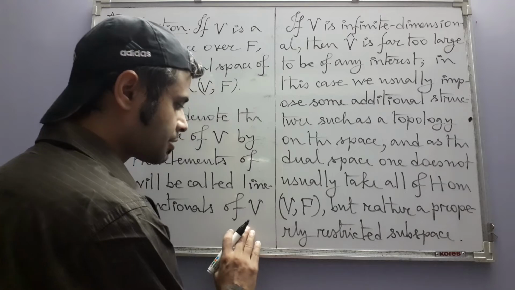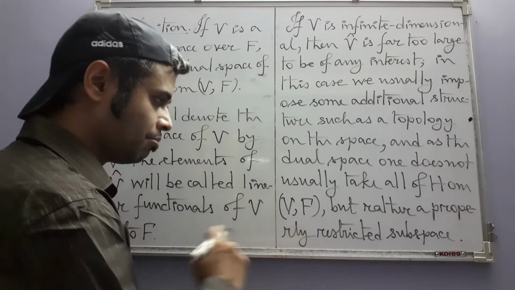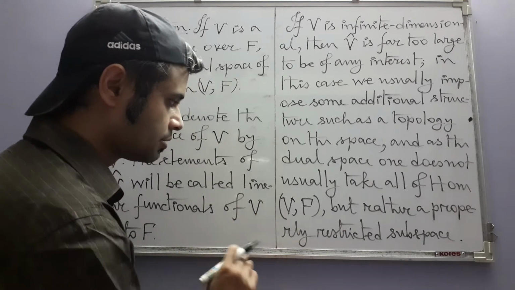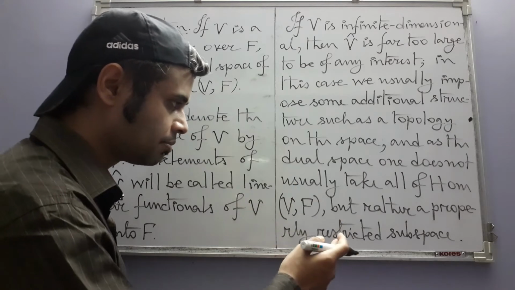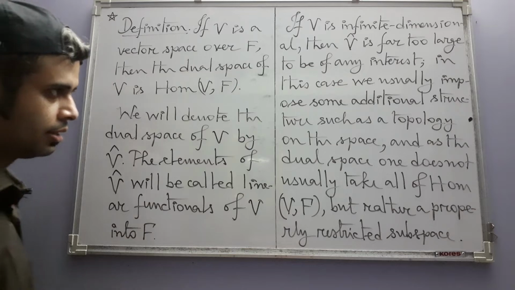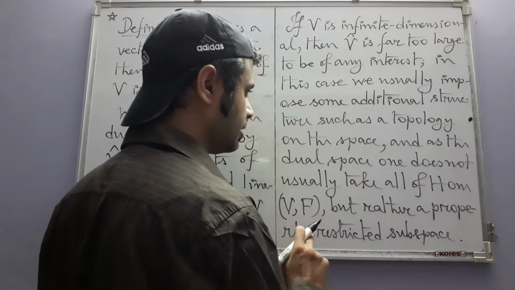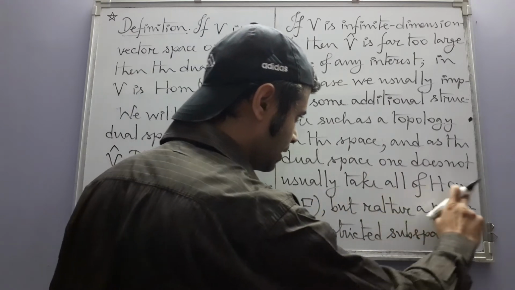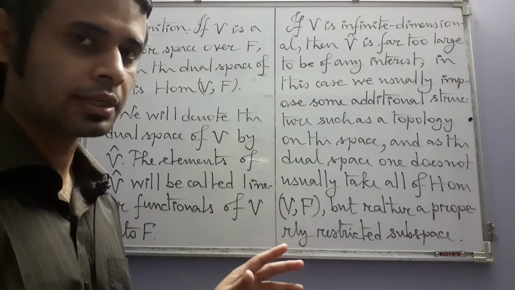And in a Hilbert space, on the other hand, we take one step back, and from there we start. It's an inner product space. From the inner product you get a norm, from the norm you get a metric, and from the metric you get a metric topology. And in such cases, what the author is saying is that we do not usually take the entirety of this space, but rather a properly restricted subspace.